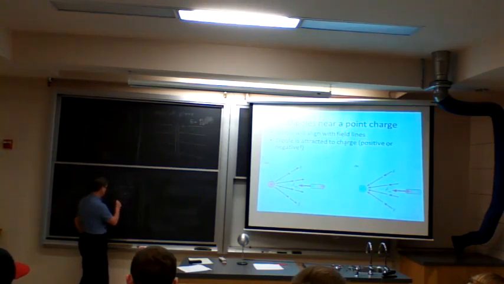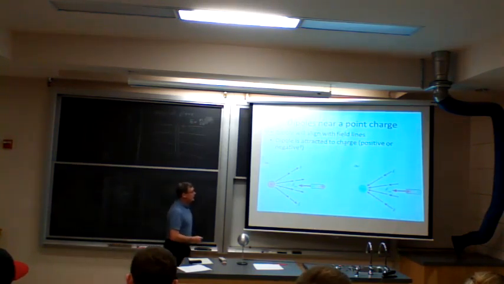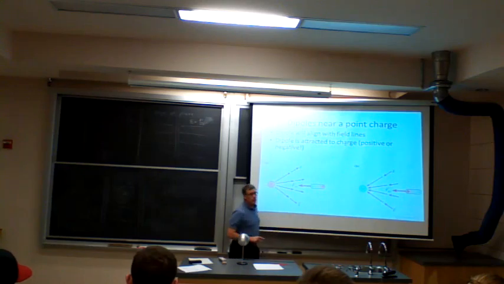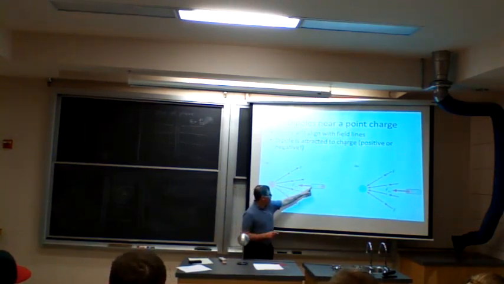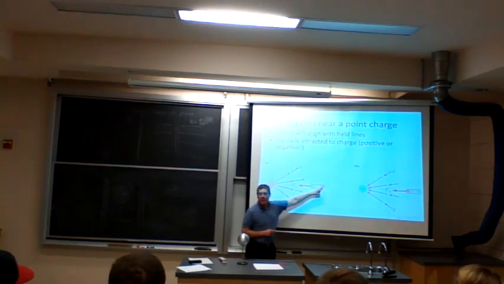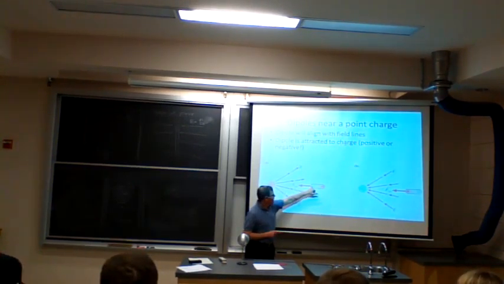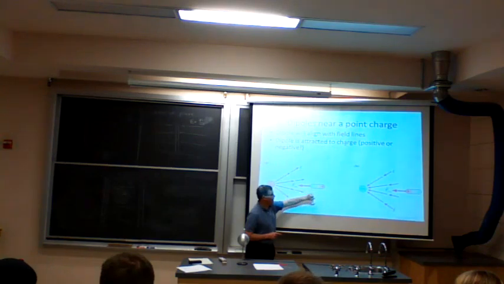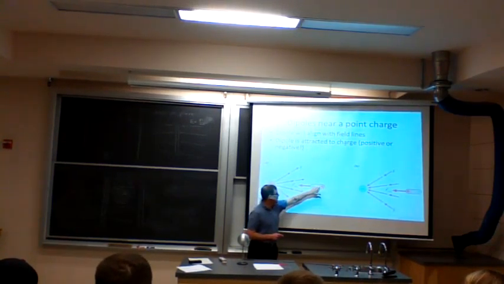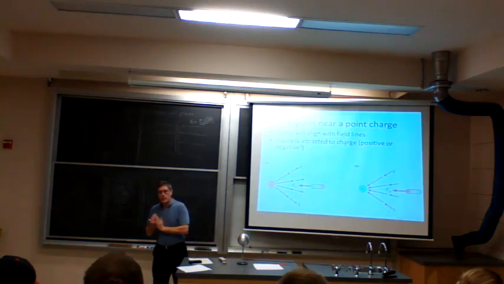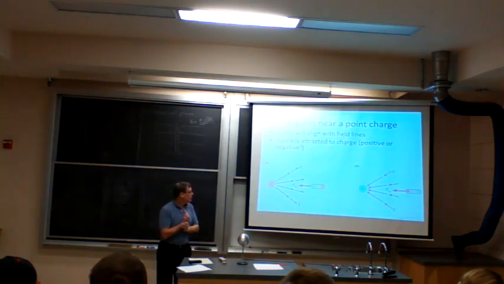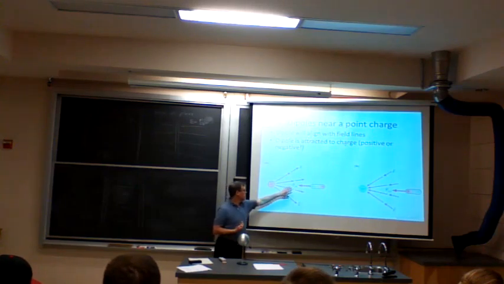What about the net force on this dipole? Is the electric field here the same as the electric field there? No. So the force of attraction on the negative side is a little bit greater than the force of repulsion on the positive charge. There will be a net attractive force, and so the dipole will be attracted to the point charge.